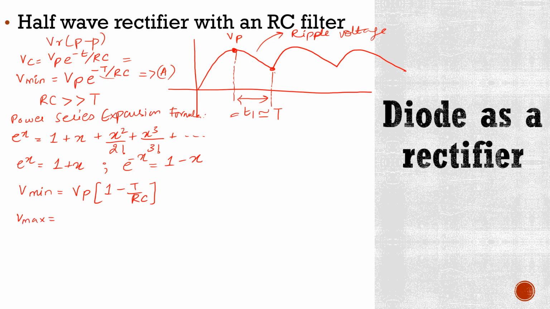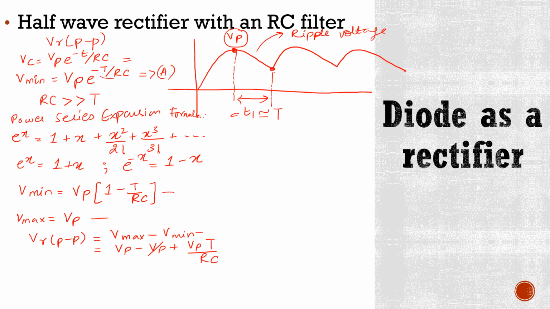Now what about the maximum value of ripple voltage? We know that Vp is the maximum value of ripple voltage. So Vmax is equal to Vp here. Now peak to peak ripple voltage is given by Vmax minus Vmin. Now after putting these values in this equation, we get Vp minus Vp plus VpT divided by RC.